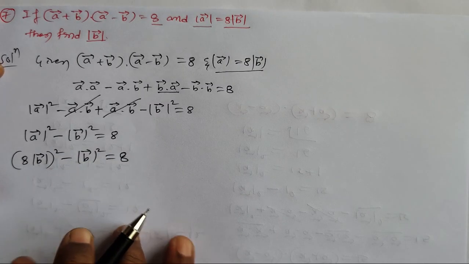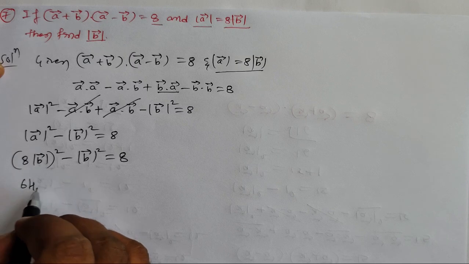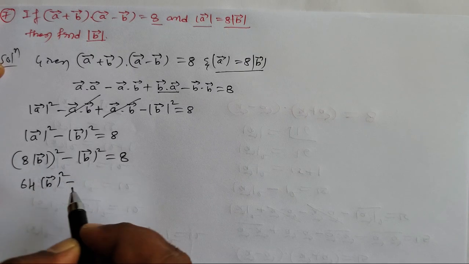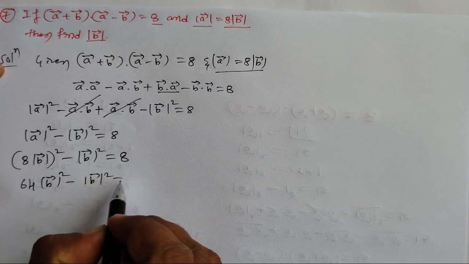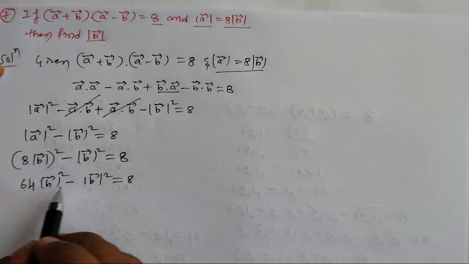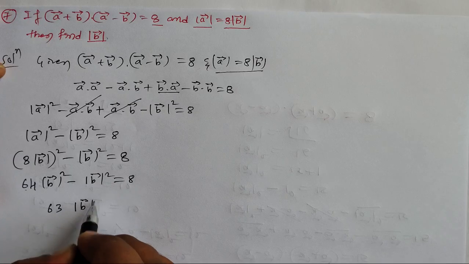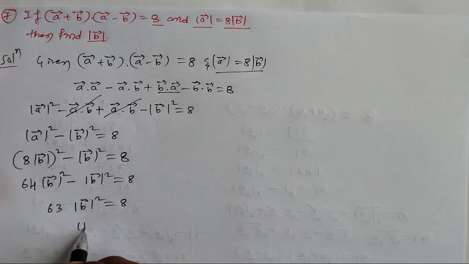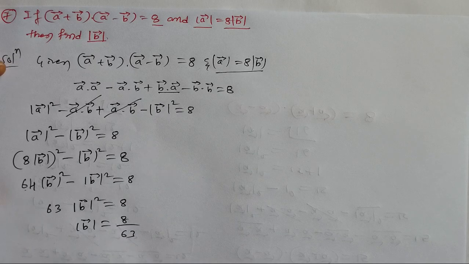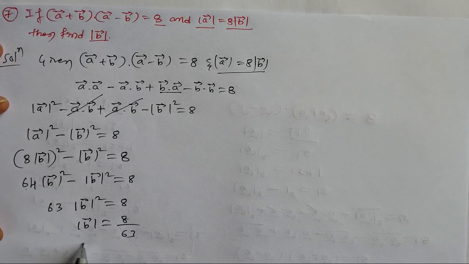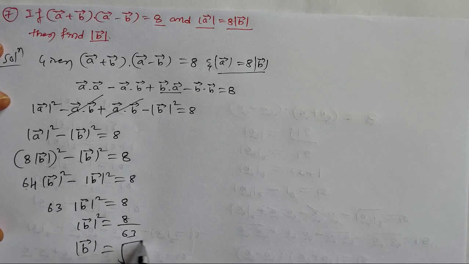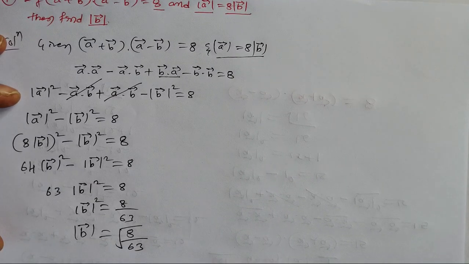Okay, 8 square is 64 magnitude of b square, minus magnitude of b square equal to 8, and 64 minus 1 becomes 63 magnitude of b square equal to 8. Then magnitude of b square equal to 8 by 63. Alright, so what is the magnitude of b vector? Magnitude of b vector equal to square root of what? 8 by 63, right?